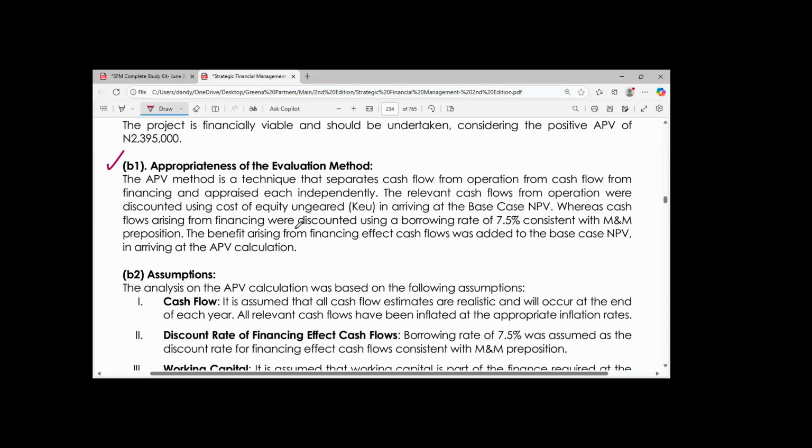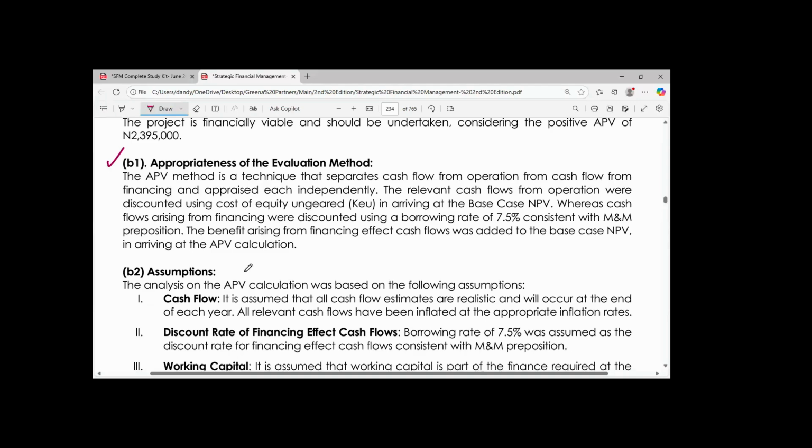Therefore, the benefit arising from financing effects cash flow of 1,335,000 was added to the base case NPV of 1,060,000 in arriving at the adjusted present value calculation. So that is the appropriateness of the method of evaluation.